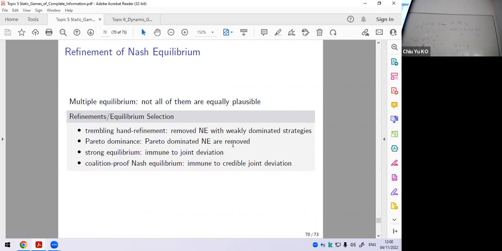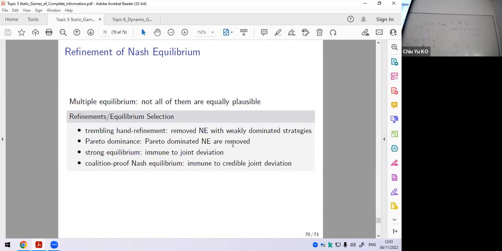We come together and say, okay, let's choose this. What we require is that after we deviate, no one wants to deviate again. Let me repeat: we coordinate to choose this one, but after we do it, no one wants to further deviate. Is that clear?